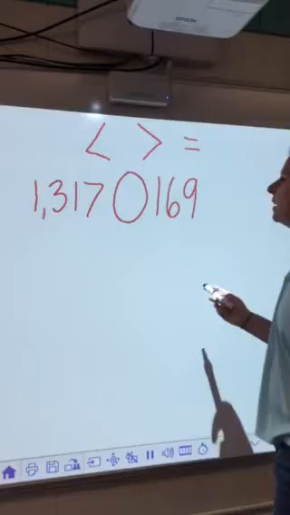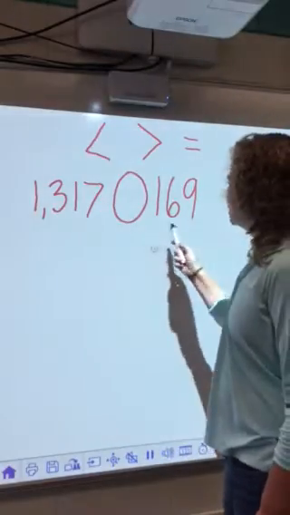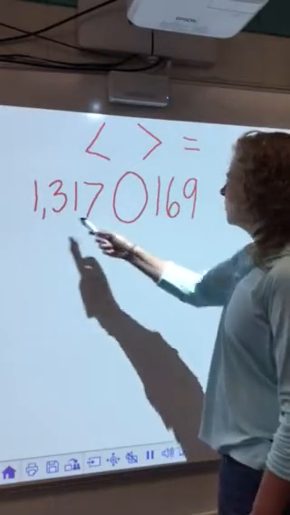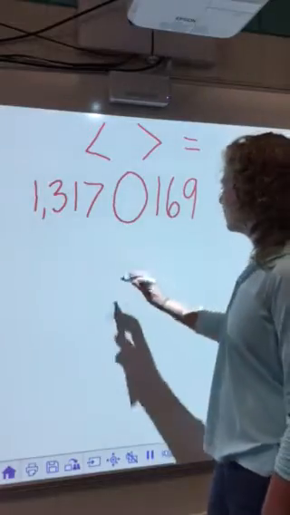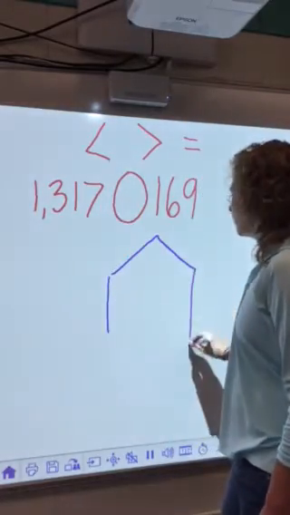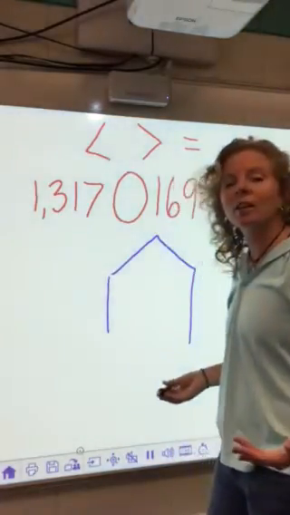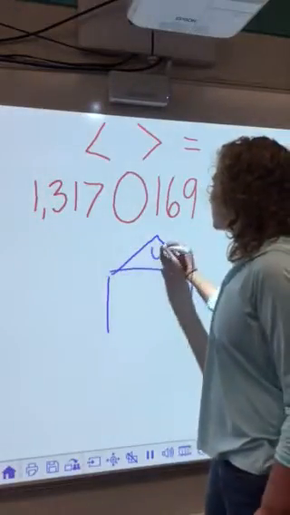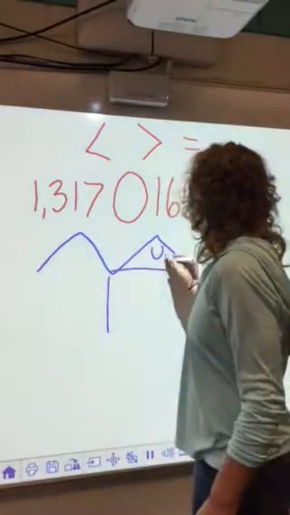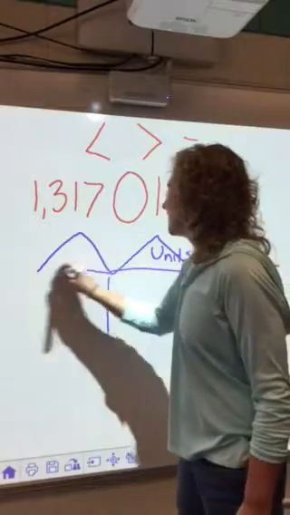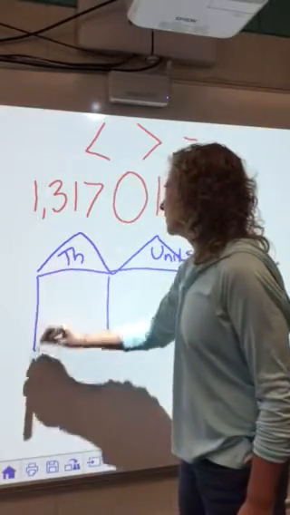Well, I'm going to look and I'm going to say, well, these are hard to compare. There are 4 digits in that one and 3 in that one. Let me go ahead, build my house. But how many houses do I need this time? 2. We've got the units house, and then next door we have the thousands house.